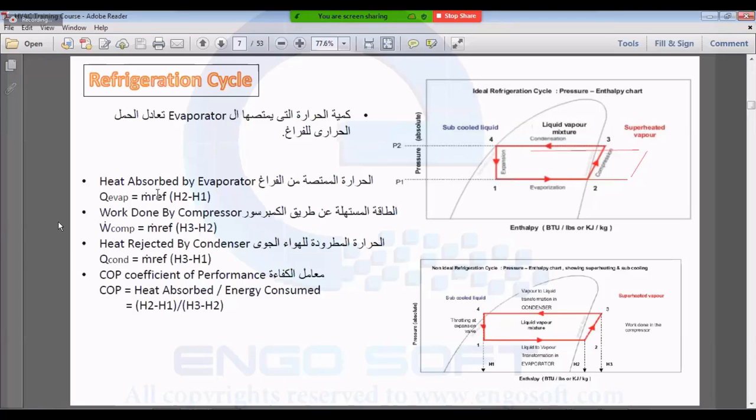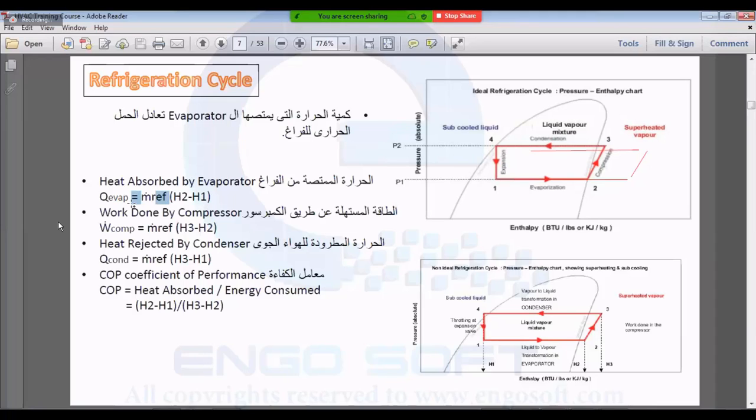The heat absorbed by the evaporator is equal to the mass flow rate. You know the mass flow rate? No. Mass flow rate is the amount of freon per second, in kilogram per second. How much freon passes through the pipe per second? Ah, okay. This is what is meant by the mass flow rate.